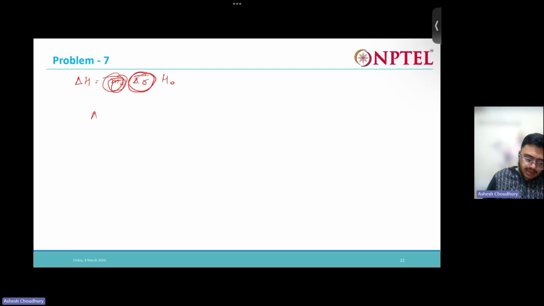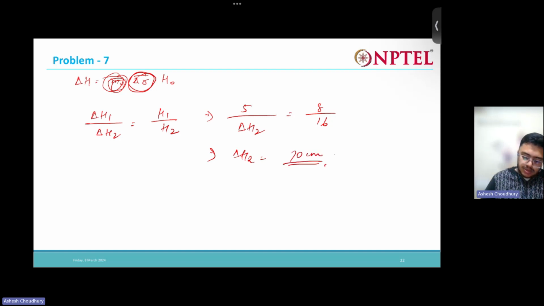So for that case I can write, from here I can write 5 by 16, from here it will be 10 centimeter. So this is the settlement, this is delta H50 for B.